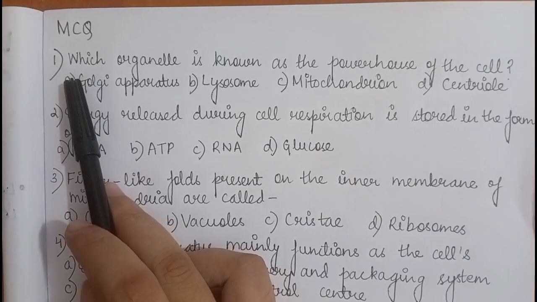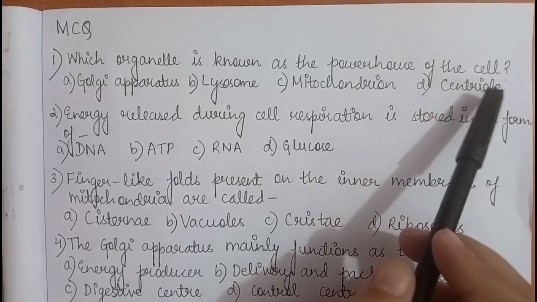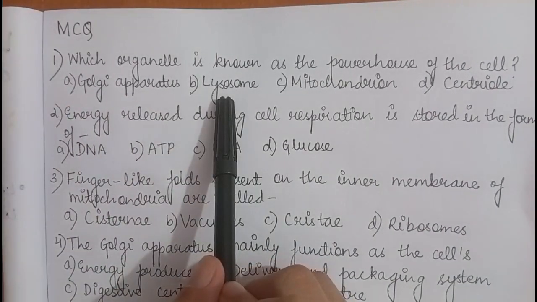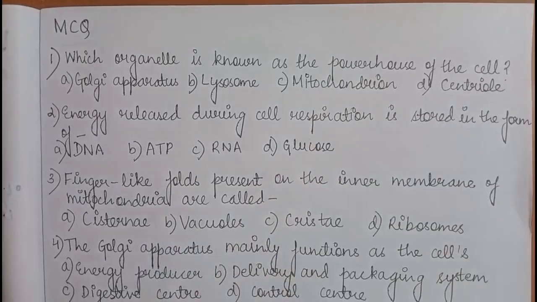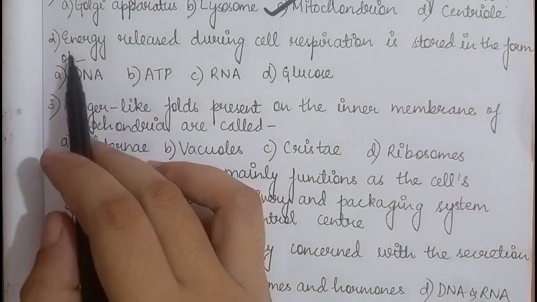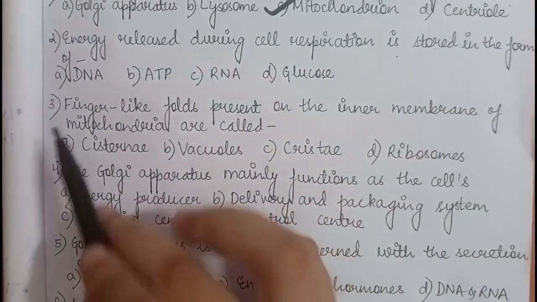First question: which organelle is known as the powerhouse of the cell? Golgi apparatus, no. Lysosomes, no. Mitochondria, yes. Centriole, no. So option C is correct. Next question: energy released during cell respiration is stored in the form of DNA?